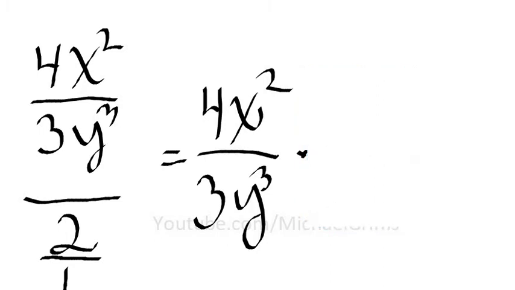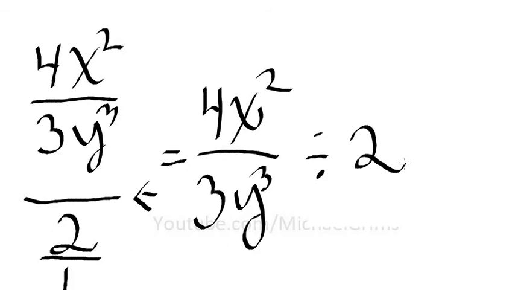I should have probably done this first. Remember this, we already covered this section. So this can be written as 4x squared over 3y cubed divided by 2.